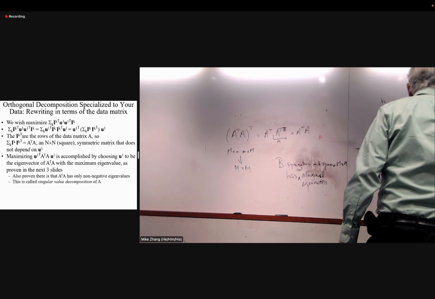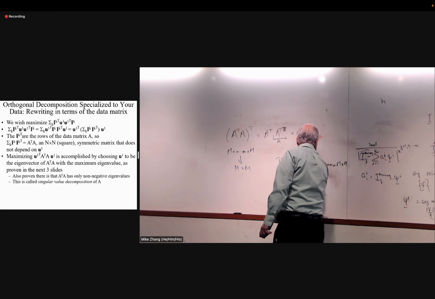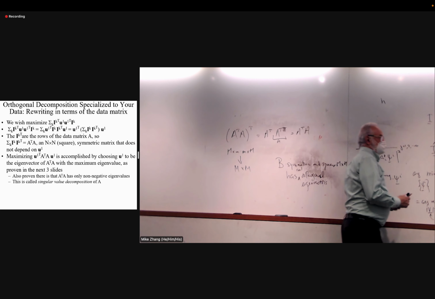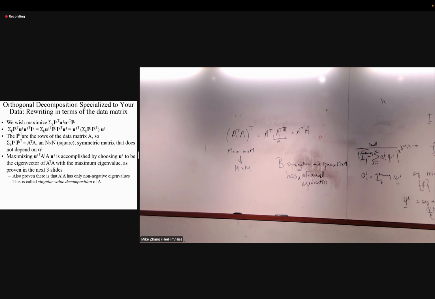Okay, so first of all, we're going to show that the thing that maximizes this is the eigenvector with the biggest eigenvalue. And then secondly, we're going to understand this eigen stuff better mathematically.